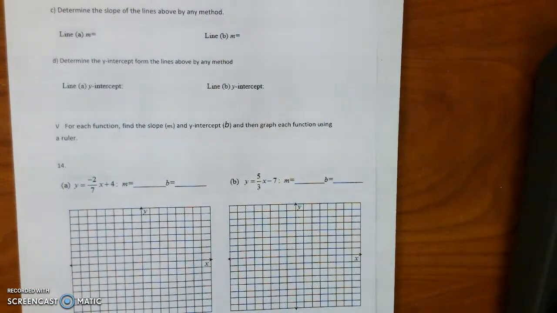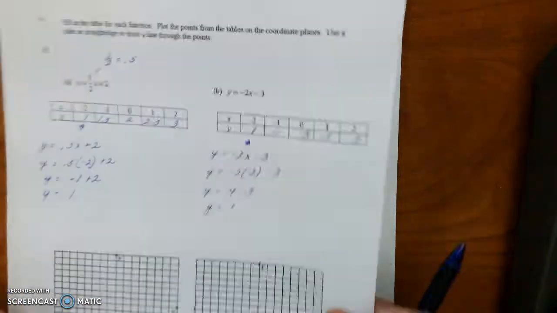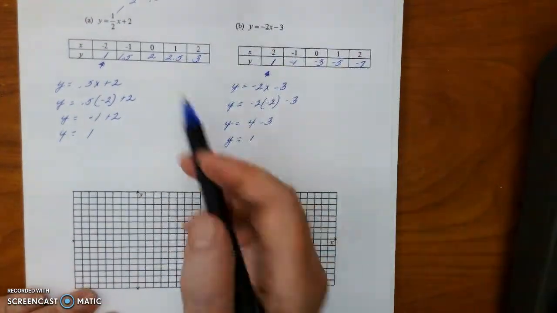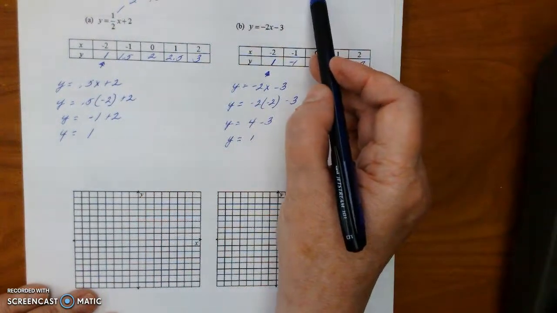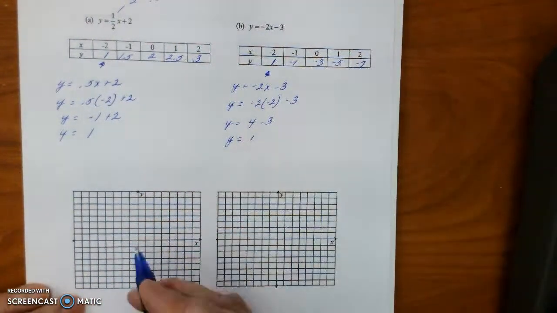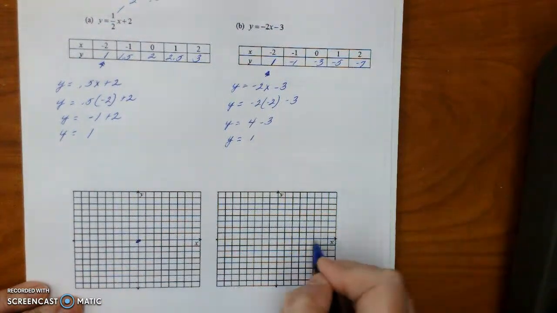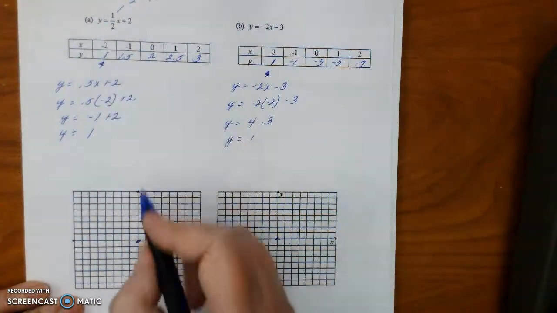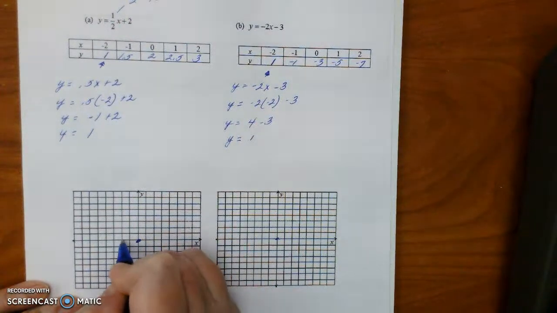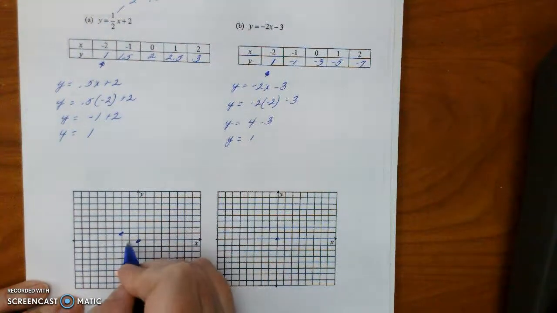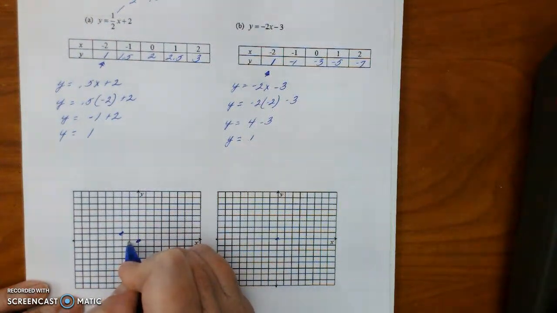Okay? Now, on here, there's two different ways you can do it. They want you to plot the table from the coordinate plane. So that's the way we're going to do it. So we know that this is 0 and this is 0. So -2, up 1. -1, 1.5.